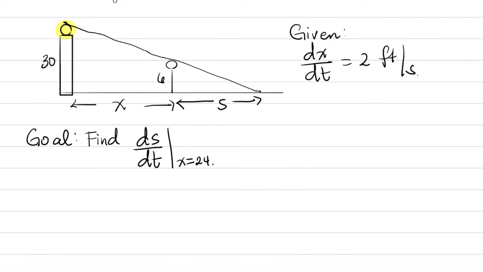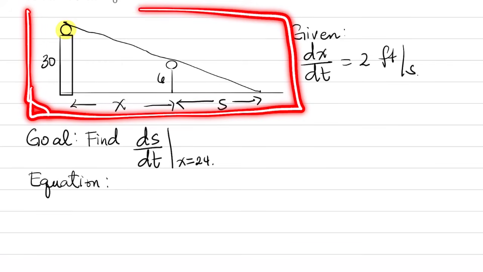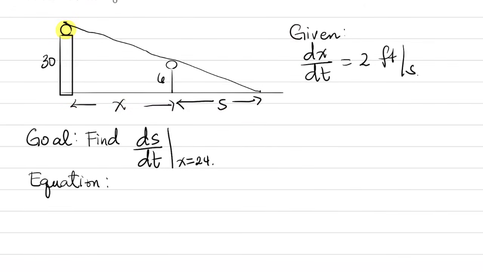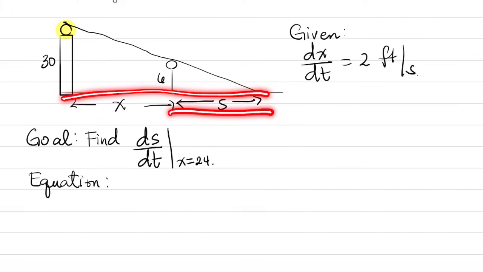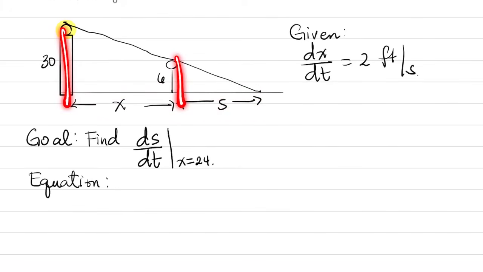Now, we want to know what equation relates x and s. Similar to item number 1, you can see this is a very similar figure. These are similar triangles. So how does that go again? Similar triangles: the length of the long over the length of the small is equal to the length of the long over the length of the small.